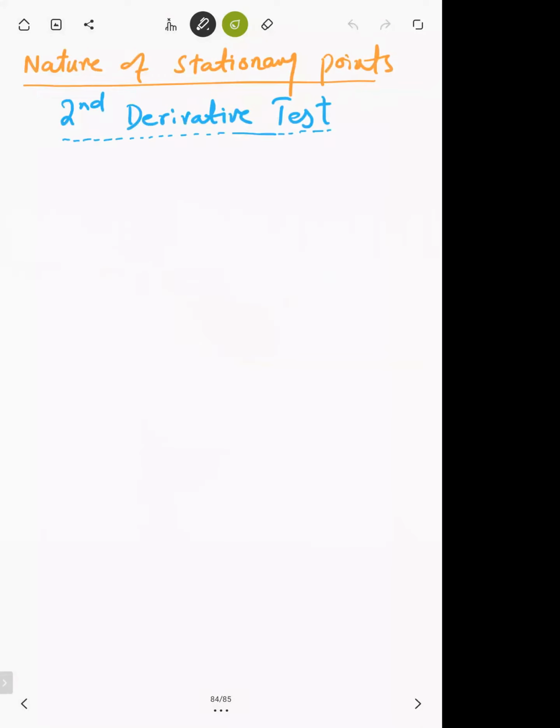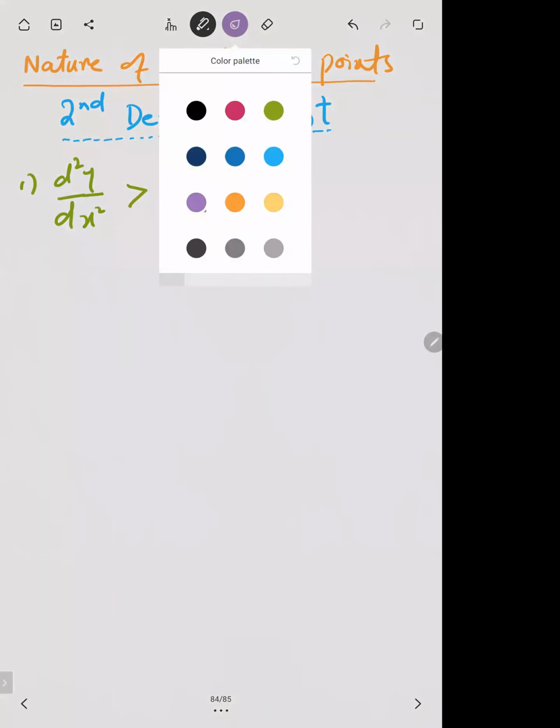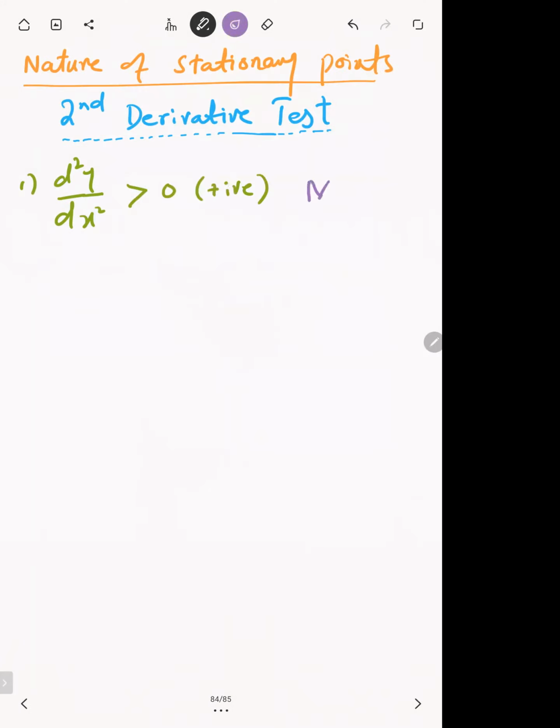Here I'm writing that if the answer of d square y by dx square is greater than 0, meaning positive, then that stationary point will be minimum.